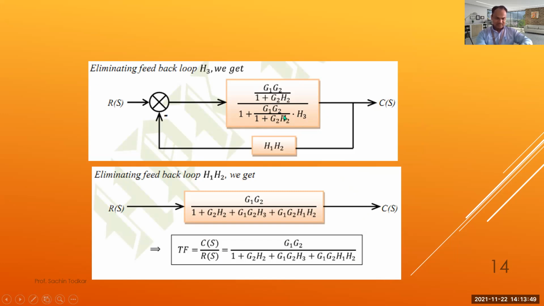We are going to simplify this and eliminate the denominator. So by simplifying, it becomes G1 G2 divided by 1 plus G2 H2 plus G1 G2 H3 plus G1 G2 H1 H2. So this is the final answer of that particular block diagram reduction.